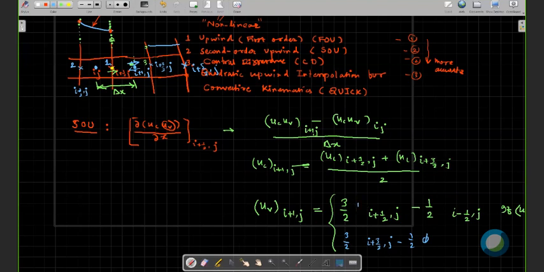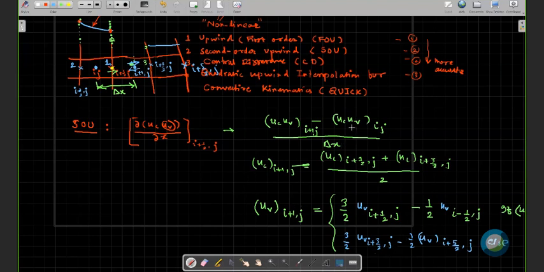These are nothing but UV values. UV at I plus 5 by 2 comma j. Okay, so this is the else condition.